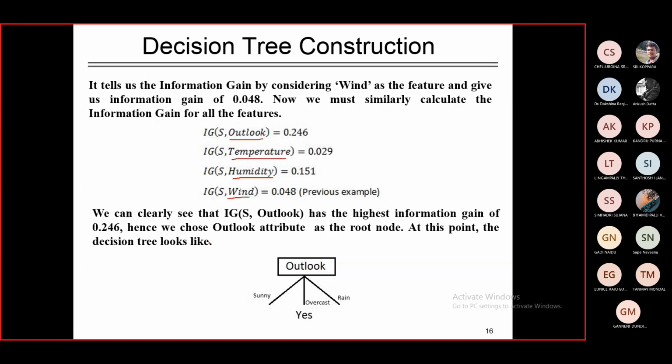Whenever we compute the information gain for the different attributes, the attribute with the maximum information gain value becomes the root node of the constructed decision tree. Here we have the root node labeled by the outlook attribute, and since outlook has 3 different values, sunny, overcast, and rain, 3 branches will come out from this root node.